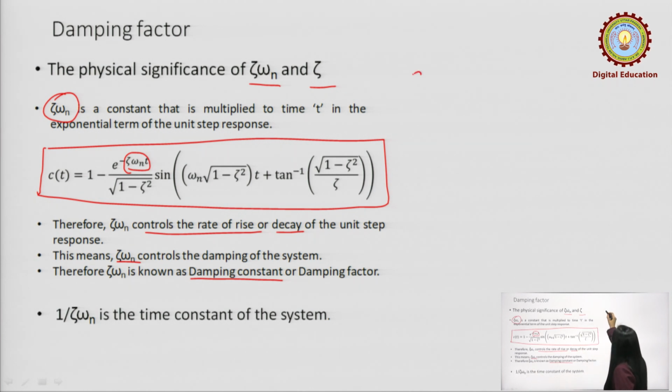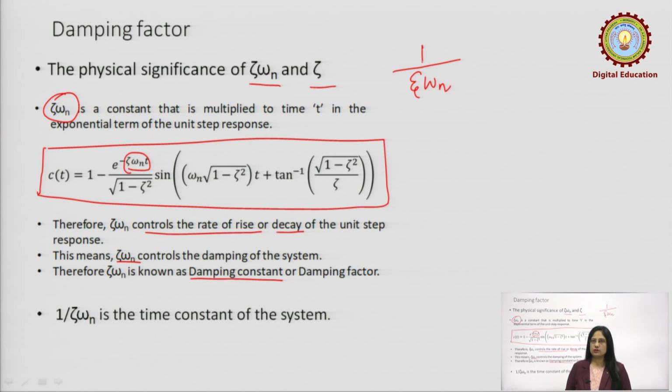And since zeta omega n is a constant which is multiplied, the inverse of zeta omega n is the time constant of the system. So, we have understood what zeta omega n is and what its role is. That value is basically responsible for the damping of the system. It indicates the rate of rise or decay of the unit step response.